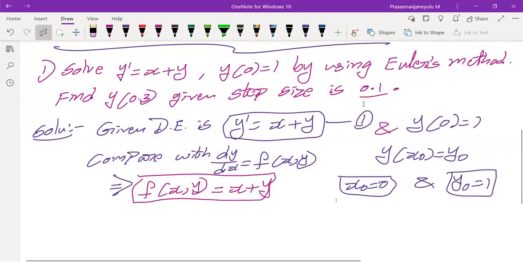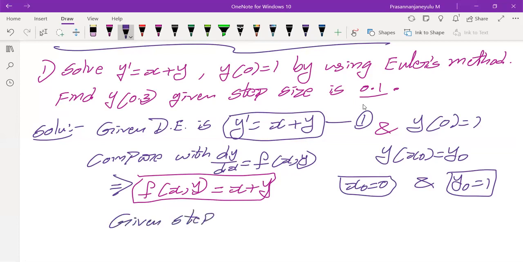For finding y of 0.3, the given step size is h equals 0.1. If we have the h value, then we can find x1. What is x1? x0 plus h, which is 0.1. What is x2?